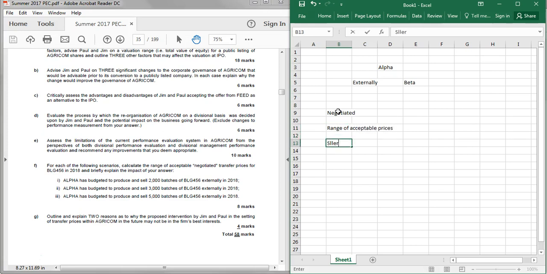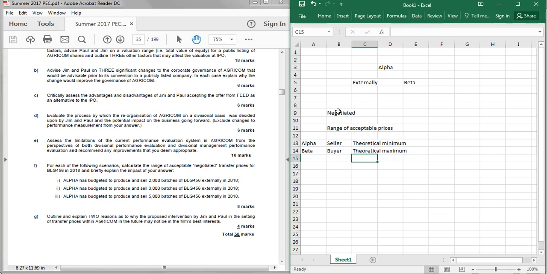So for the seller, what we're looking for is the theoretical minimum. And for the buyer, which in this case, the seller is Alpha, the buyer is Beta, we're looking for the theoretical maximum.